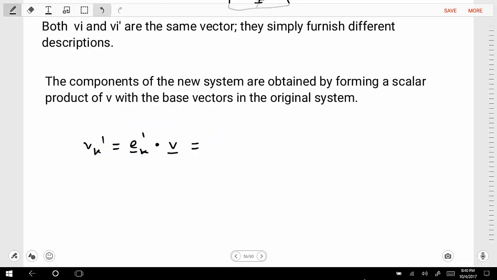If we remember that our vector here is equal to v_i e_i, let's put that in there. So the base vector of the new system dot our original components v_i and our original base vectors e_i.